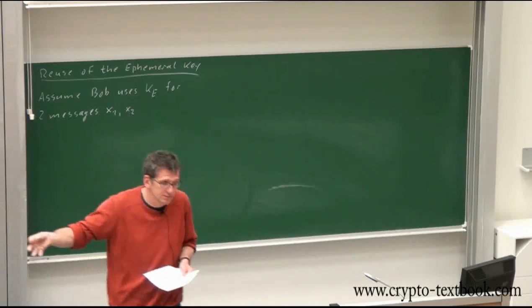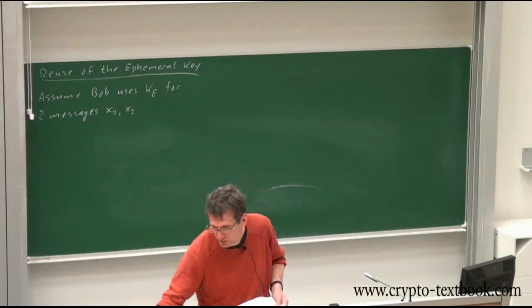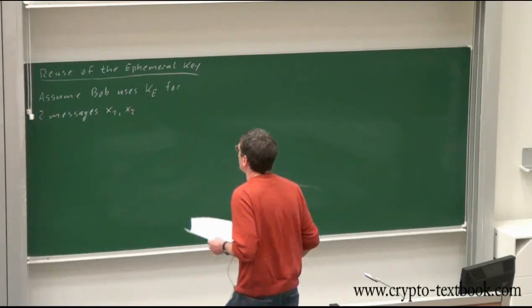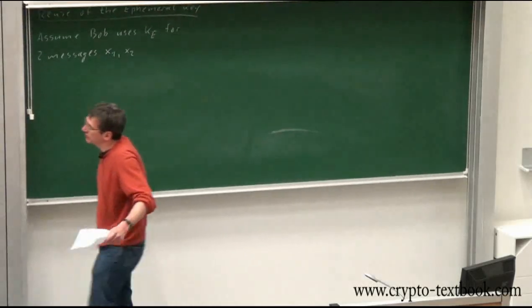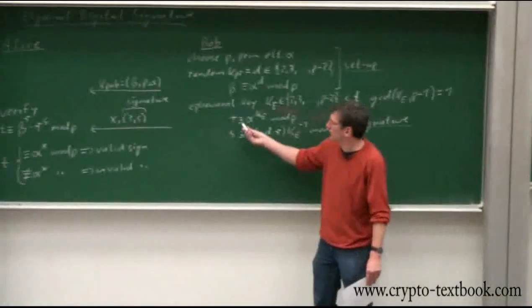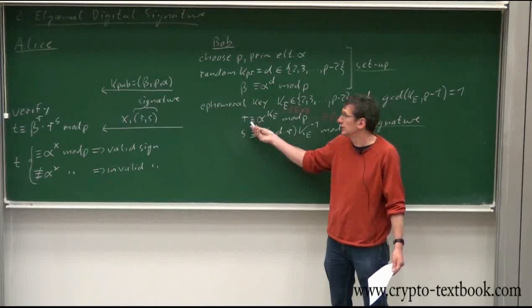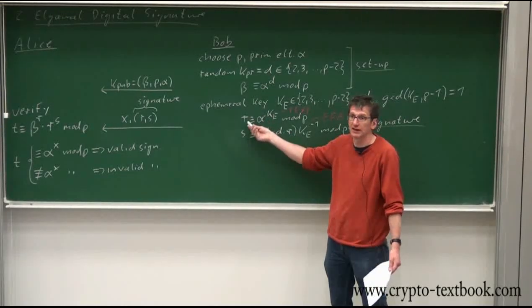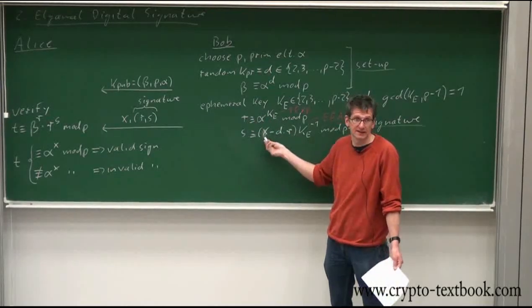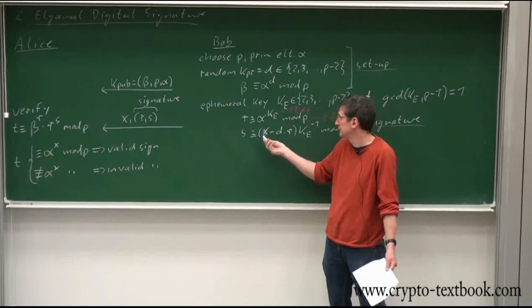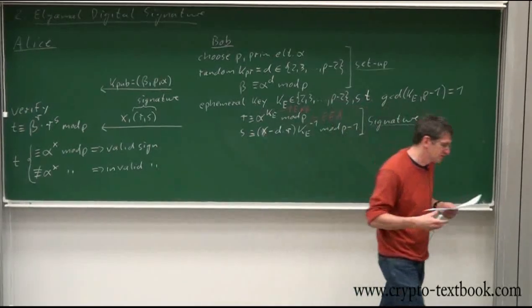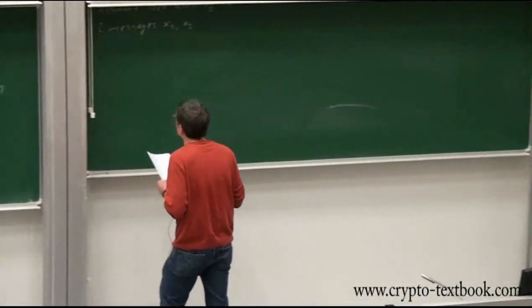And again, the reason for doing that, a computational would be easier. And it's not completely obvious because, of course, the R would stay the same. If KE is the same, you get identical R values. But the S's are still different because the X is being used here. Right? If you have different messages, you still get different S's here. So you might think it works.